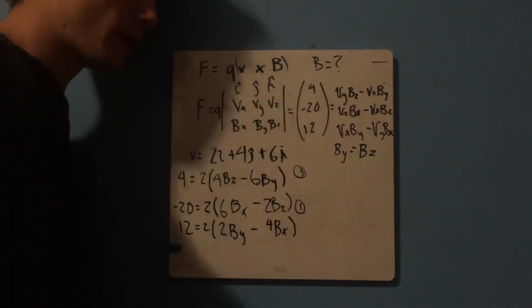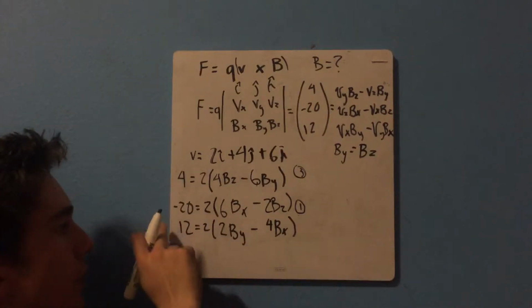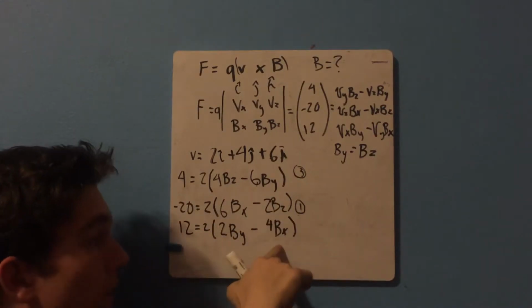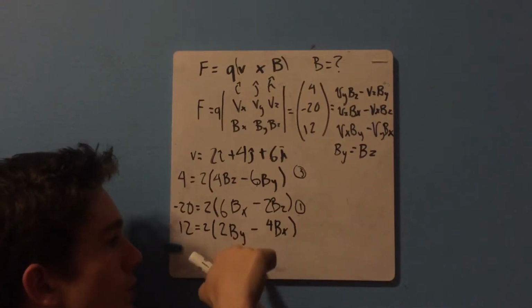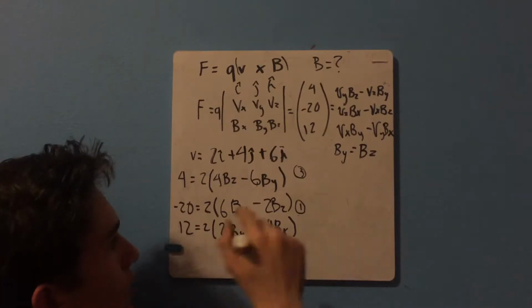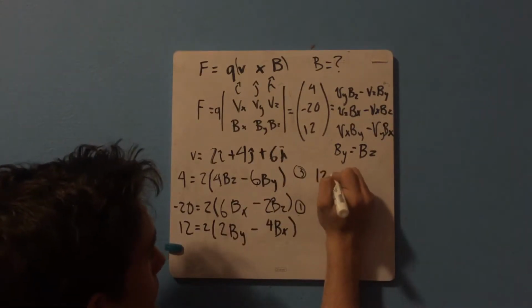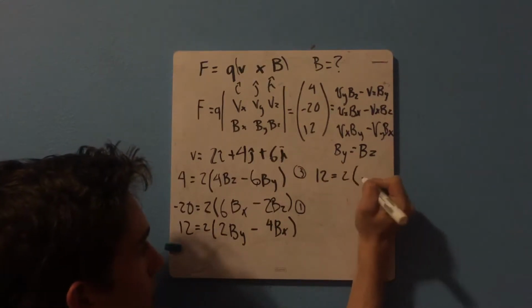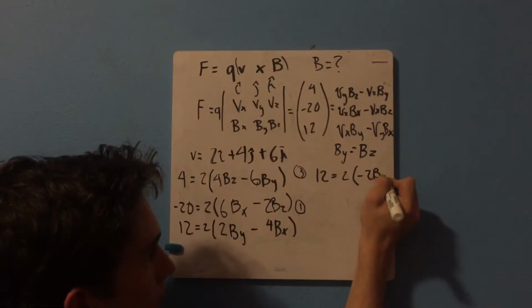So let's go ahead and solve it. First, out of our third equation, which is basically the easiest because we only have by and bx, we can just solve it, and we get that 12 equals 2 times bx minus 2 times by.